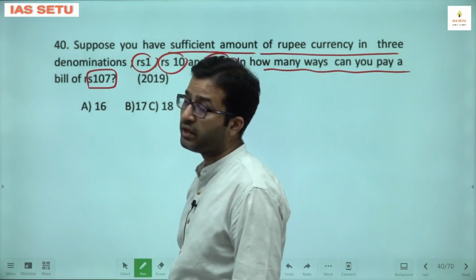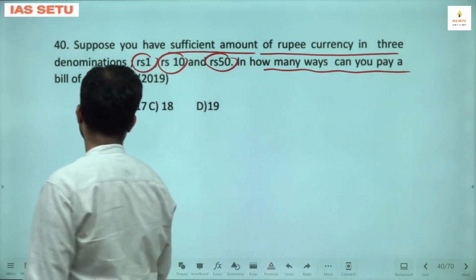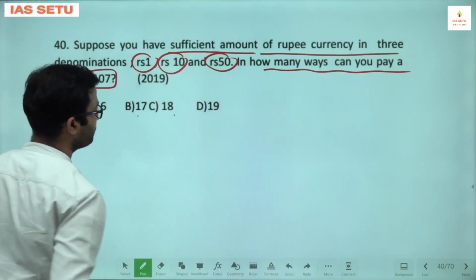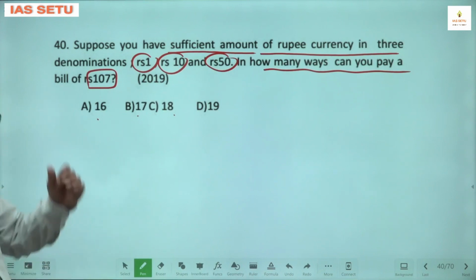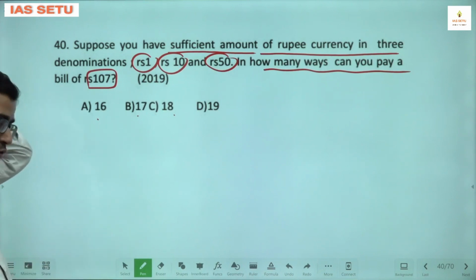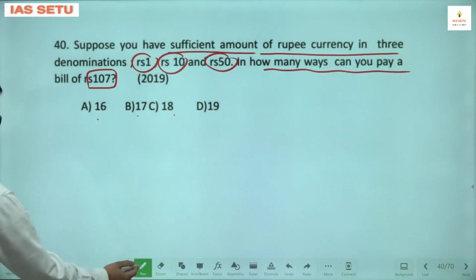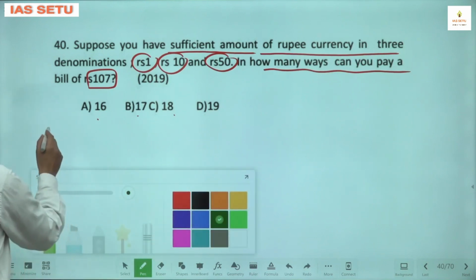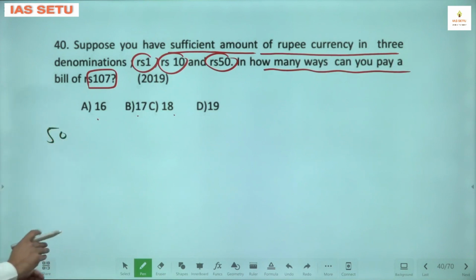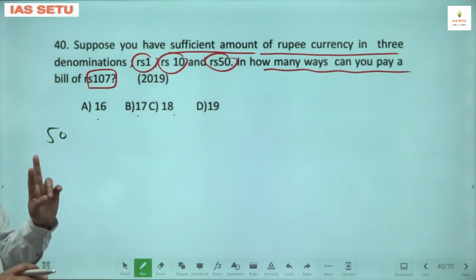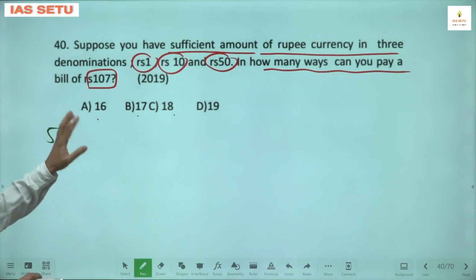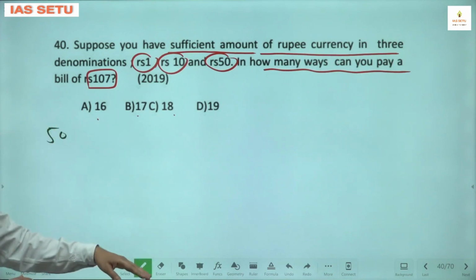Okay, we have to pay a bill of rupees 107. In this case, you have to start with the largest denomination, 50. First, I take two. There is no condition that you have to use all three denominations.